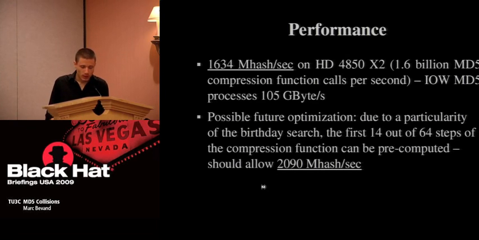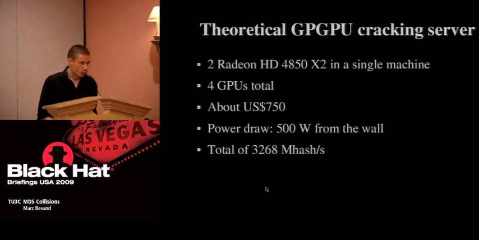But basically, what this means is that if you take two such cards in a single machine, that would give you 4 GPUs, costs a bit less than $1,000, with a power consumption of 500 watts, and that server would be able to compute up to 3.3 billion hashes per second, so 3.3 billion calls to the MD5 compression function.